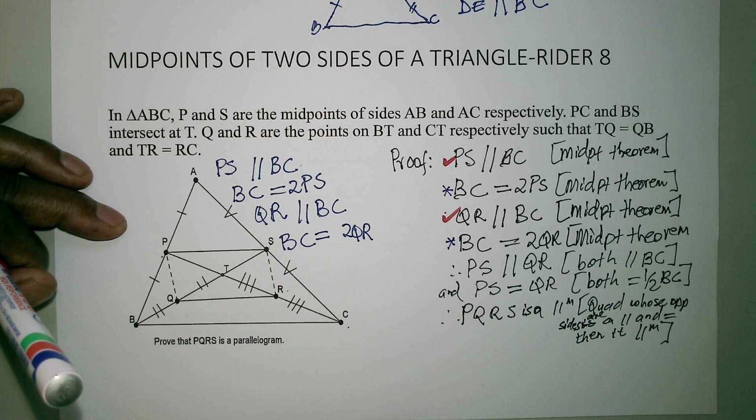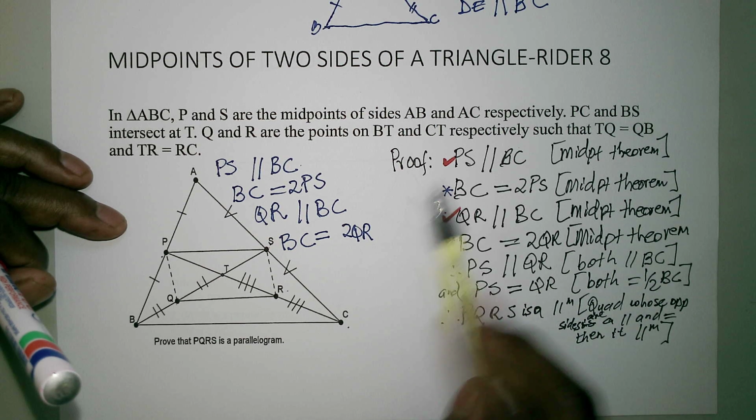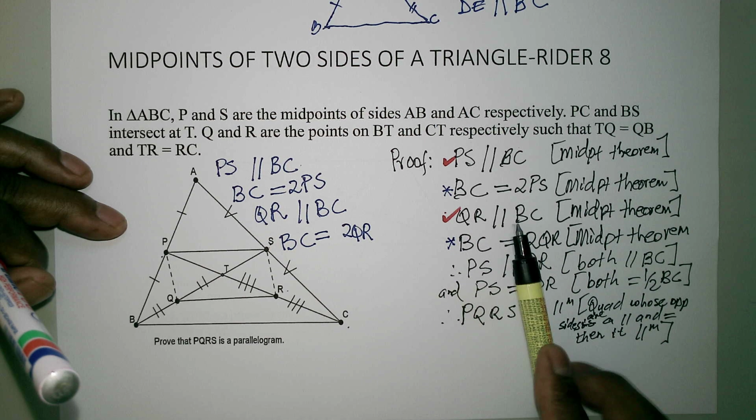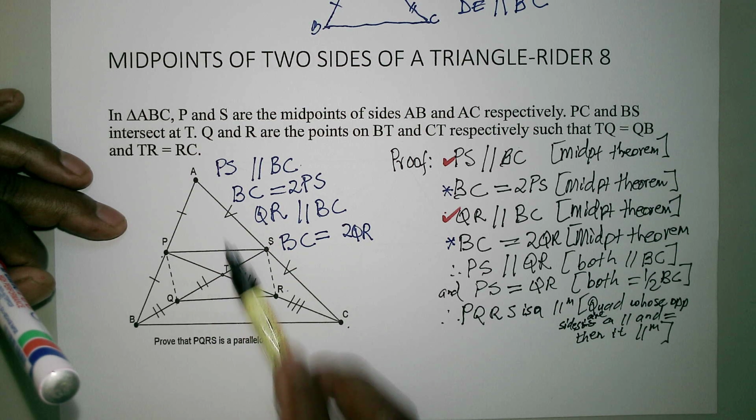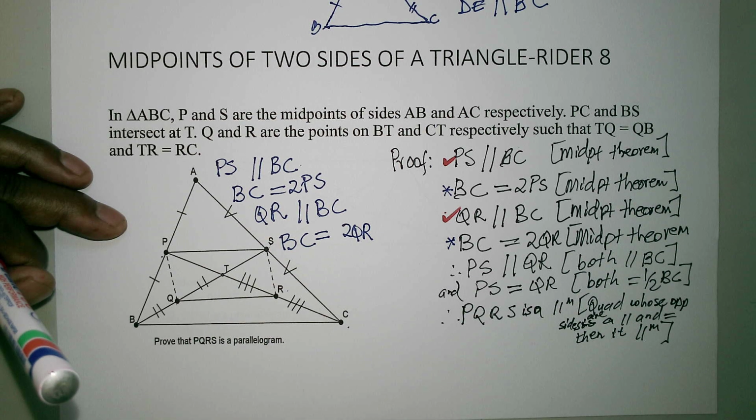So this is what we were able to establish. Once we establish these are parallel, and we are able to establish that they are equal, once this pair is equal and parallel, then PQRS is a parallelogram.